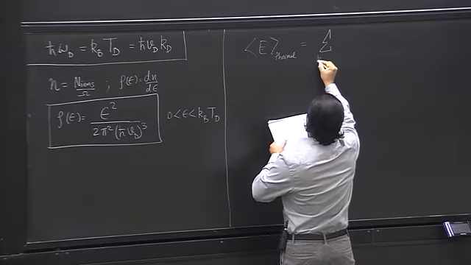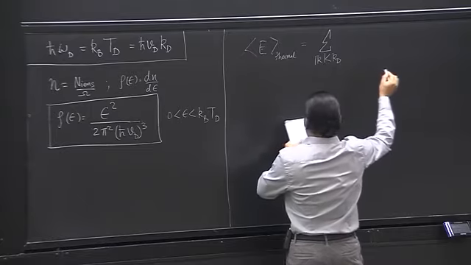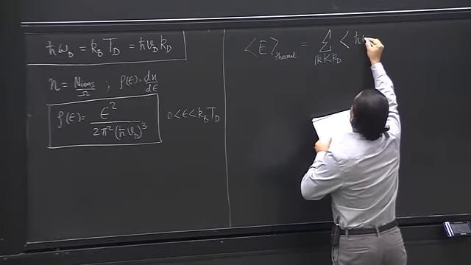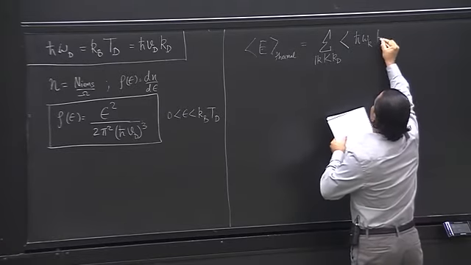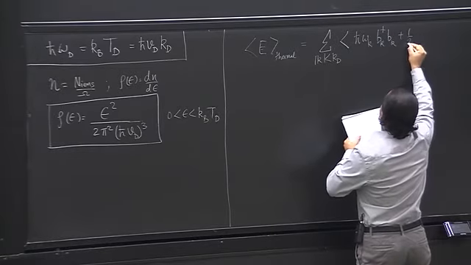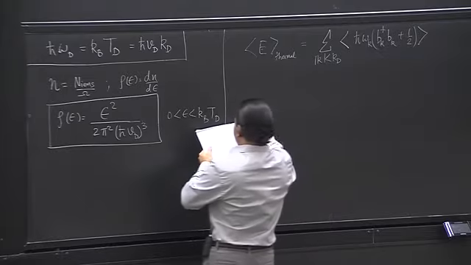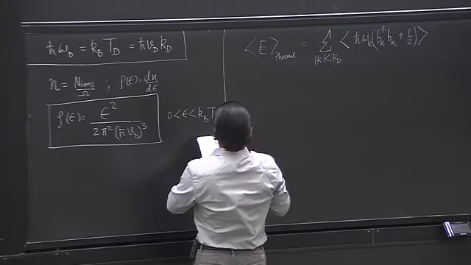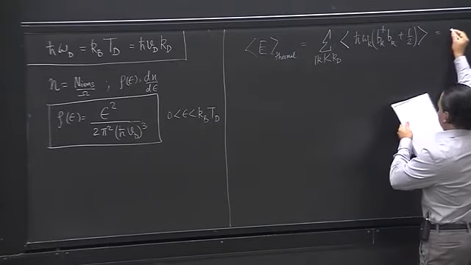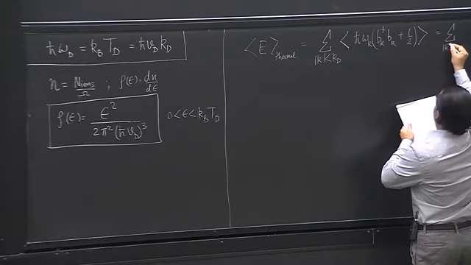This can be written as the sum over all occupied states of h bar omega_k (b_k dagger b_k plus half). Simply speaking, this is just the expectation value of the number operator.